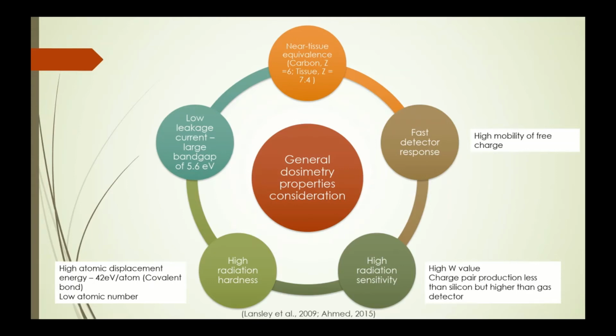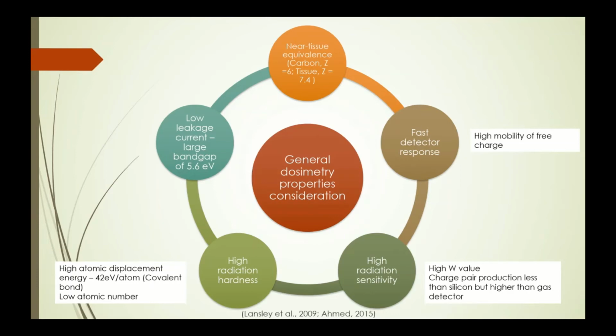On the left bottom, we see that diamond has quite high radiation hardness, and this arises from diamond's low atomic number and high atomic displacement energy of 42 electron volt per atom, meaning that the covalent bonds across the diamond lattice structure are very strong, and diamond's radiation hardness is higher than silicon.